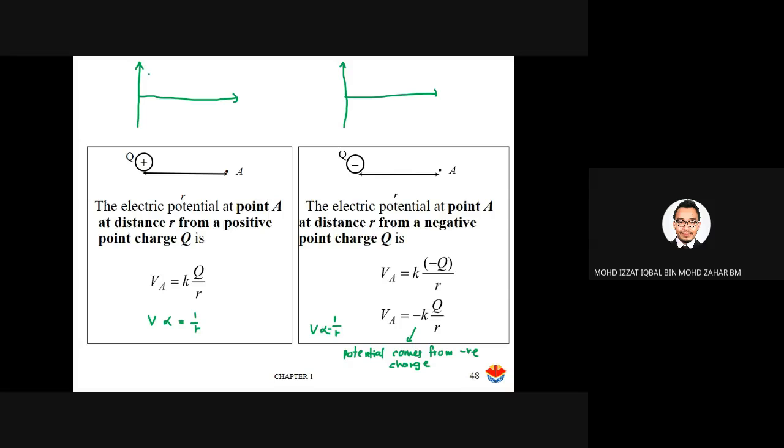So the difference in graph will look something like this. One is positive, which I showed earlier. Another one is like this. The graph of 1 over X looks like this. For positive, there is a partner below, but we will not get a negative radius, so we just focus on this part. For this one, we have the partner here. Again, for negative we ignore. So this one is V, this one is R, V and R.